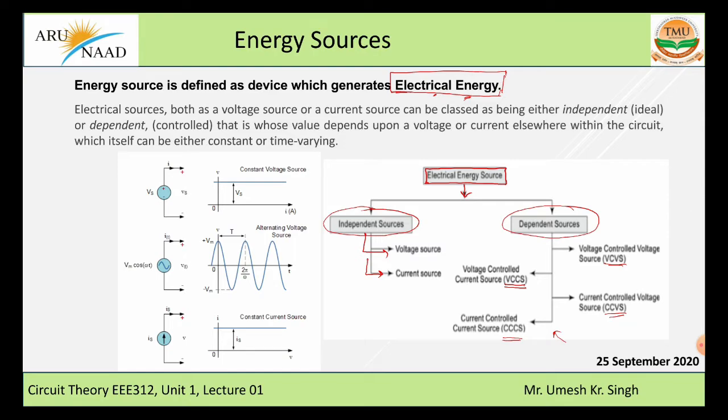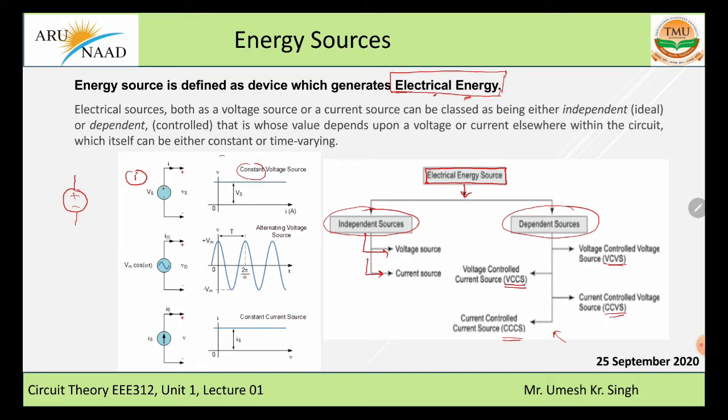Okay, so in this slide we will also discuss the representation of voltage and current source. In the first figure you can see the representation of a voltage source, and when only a plus minus sign is given, it means that this is a voltage source which is constant or DC.